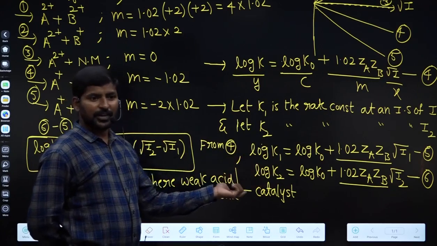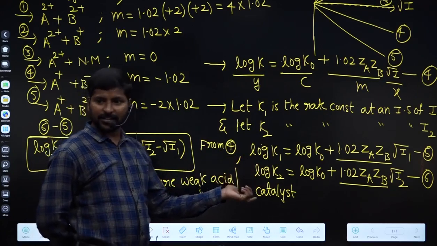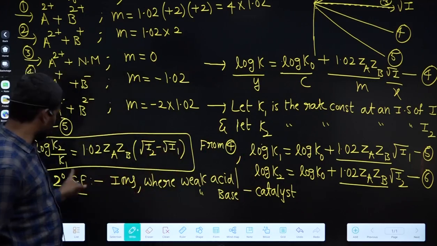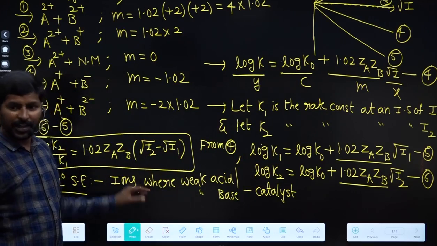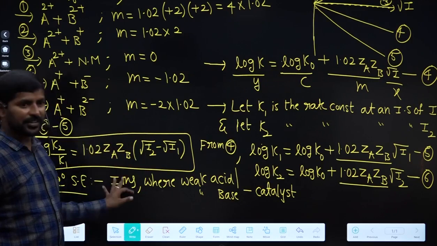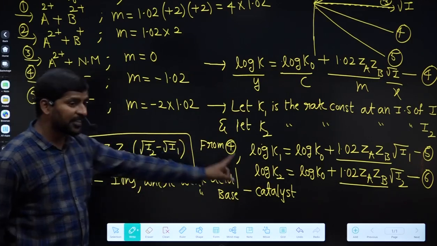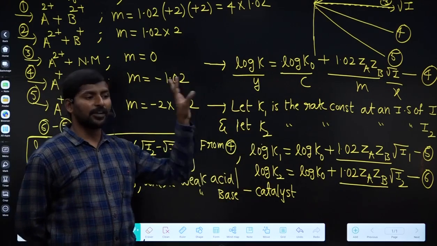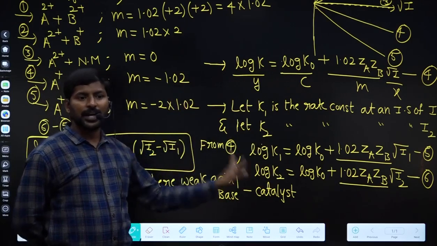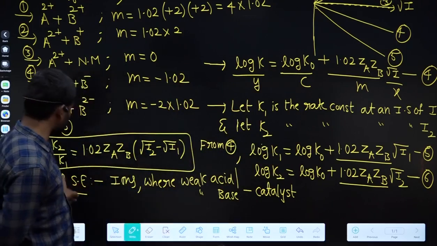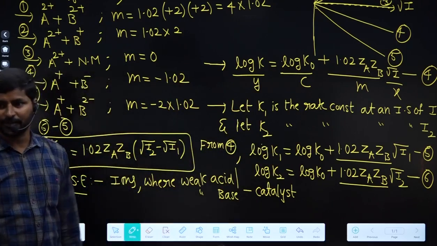In addition to the effect of charges on the ions, if ions also disturb the activity of the catalyst, this is called the secondary salt effect.